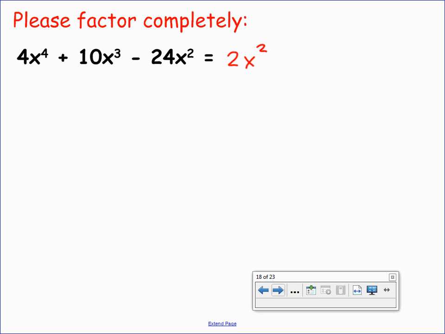We're not done. We can go another step. Go to 2. We're at 2's perfect. 1 and 1.